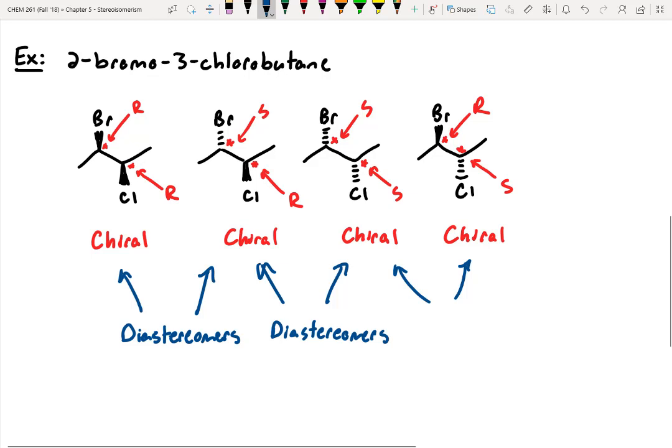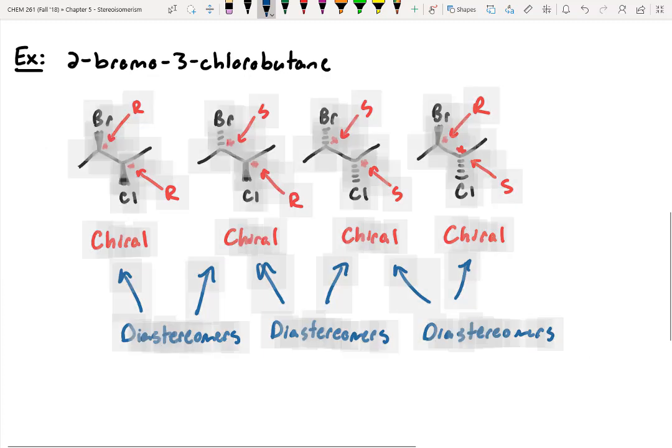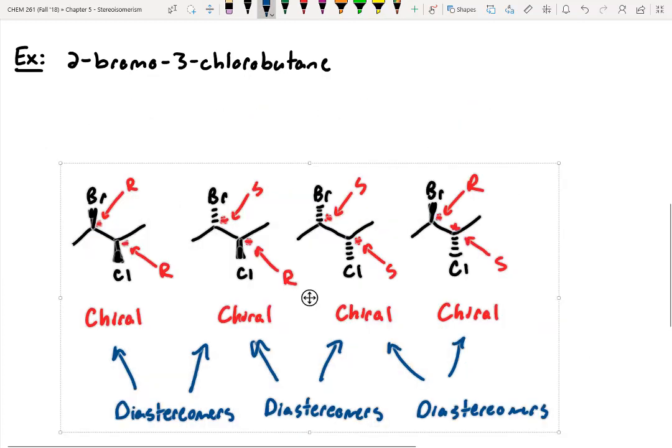I'd say they're not mirror images, so they've got to be diastereomers. All right, I will tell you though that there are enantiomers in here. Which ones? 1 and 3 you think are enantiomers? Perfect. All right, so I'm going to slide this down just so we have more room. And 2 and 4. Okay, so let's label our enantiomers.